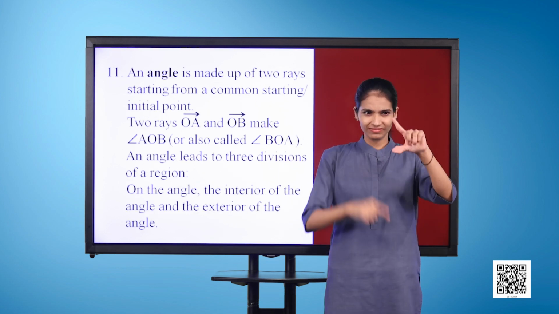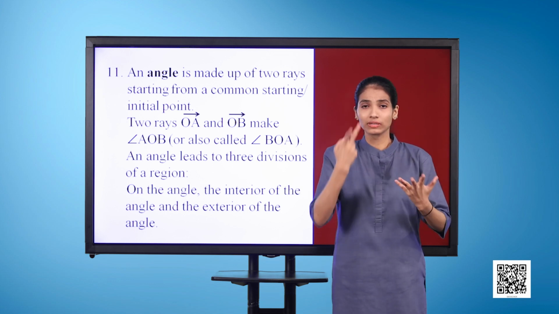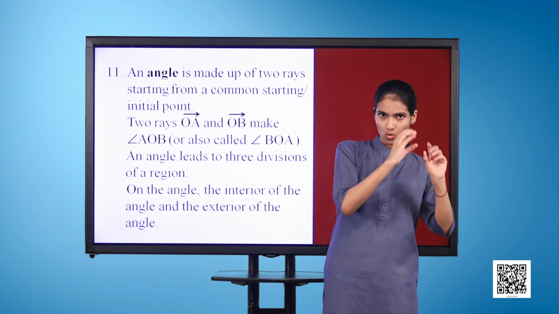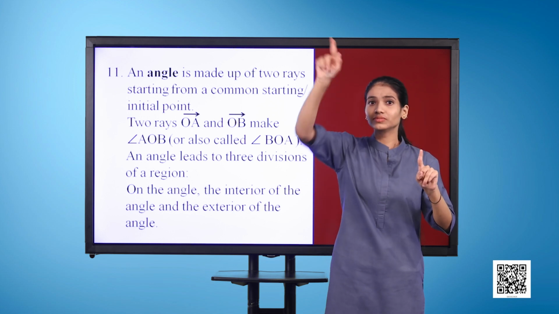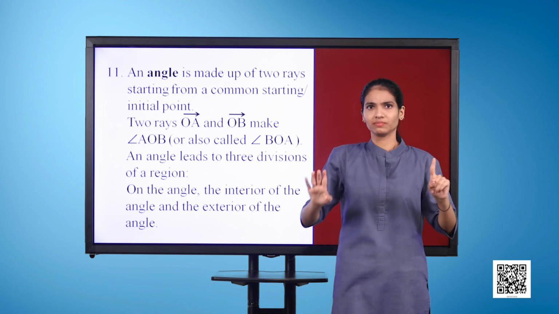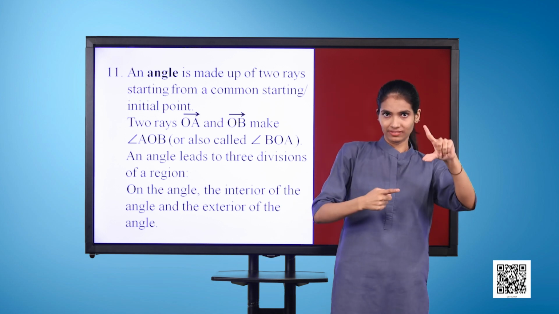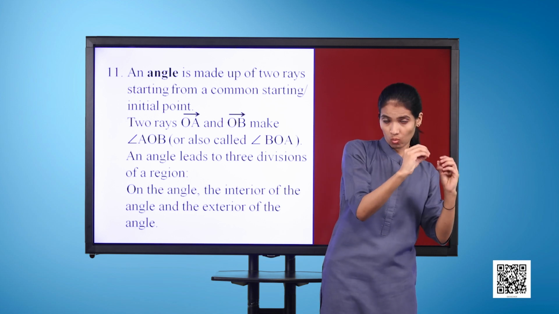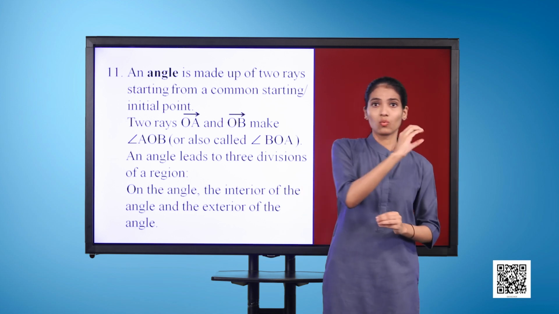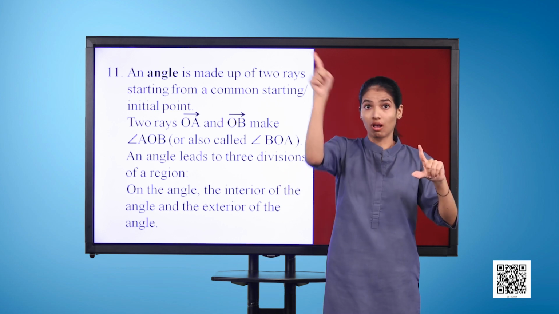11. An angle is made up of 2 rays starting from a common starting or initial point. 2 rays OA and OB make angle AOB, also called angle BOA. An angle leads to 3 divisions of a region: on the angle, the interior of the angle, and the exterior of the angle. 12.